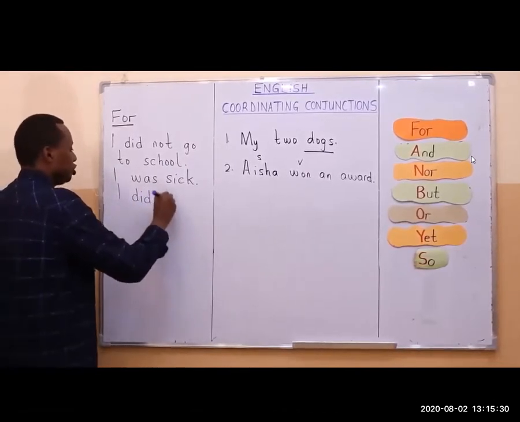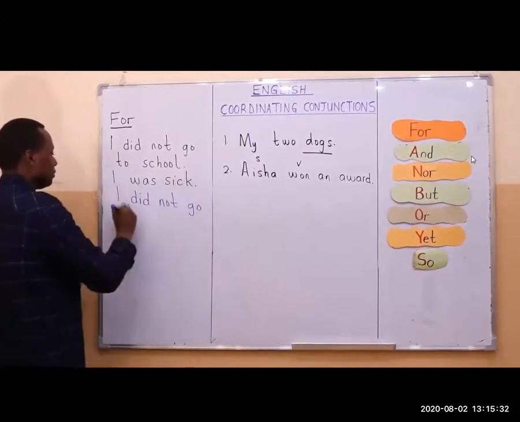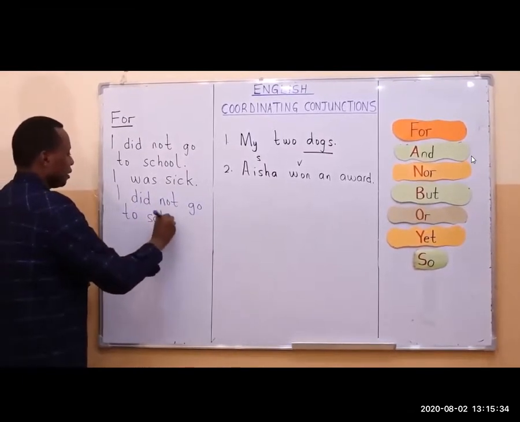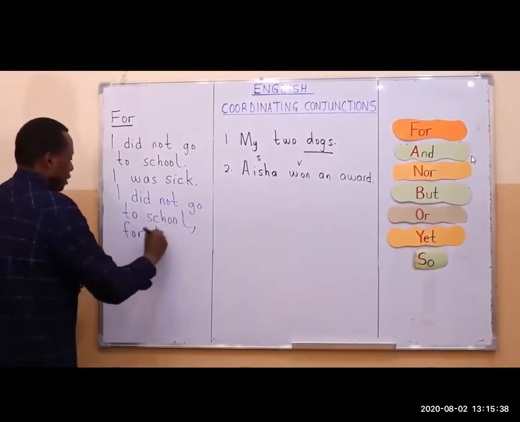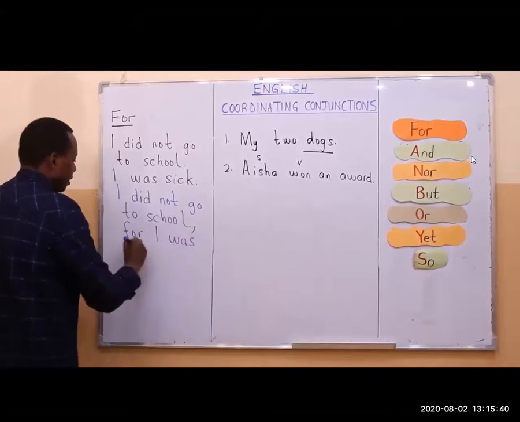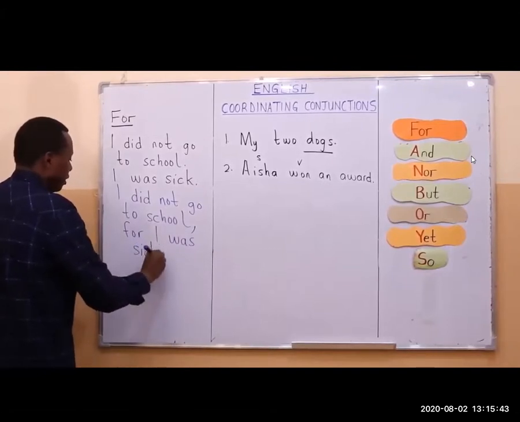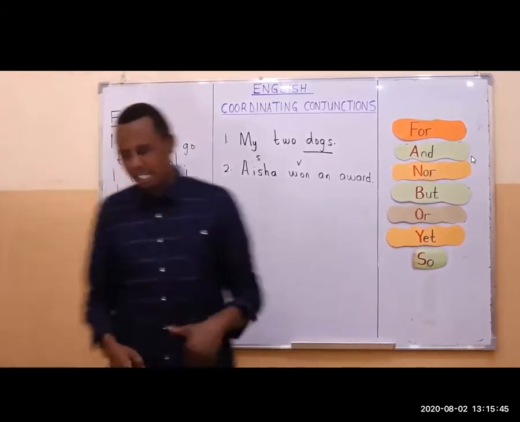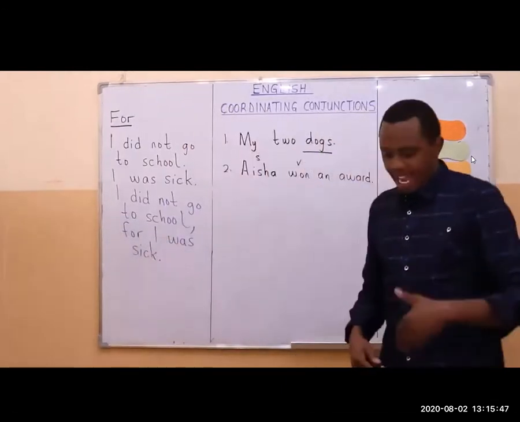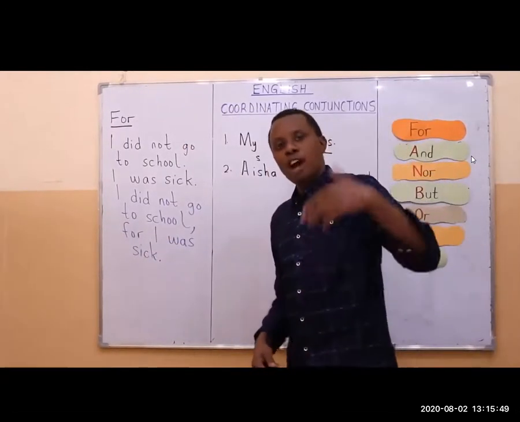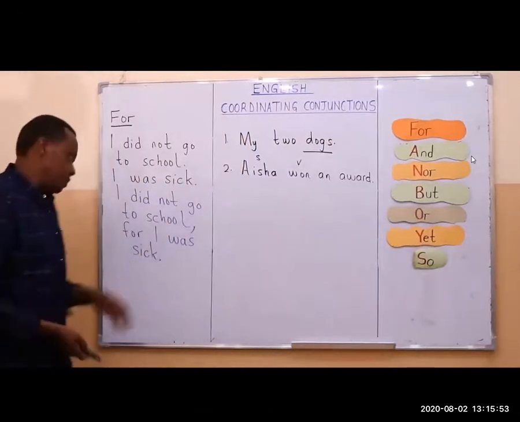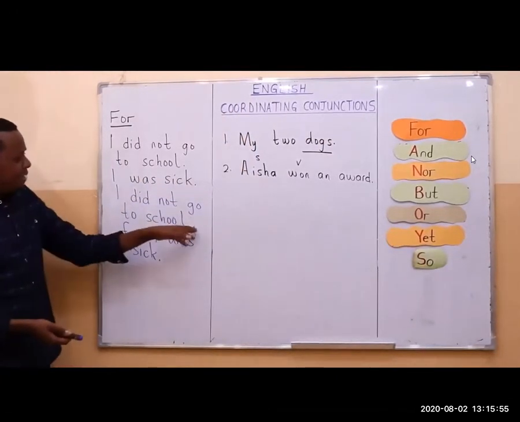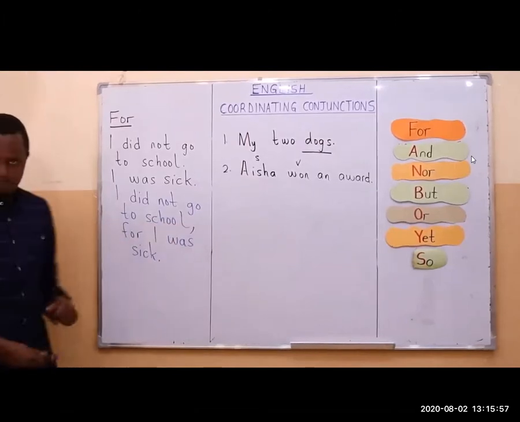I did not go to school. Now look at that sentence that we have there. I did not go to school, for I was sick. I know what is in my mind right now is, why is there a comma before for?